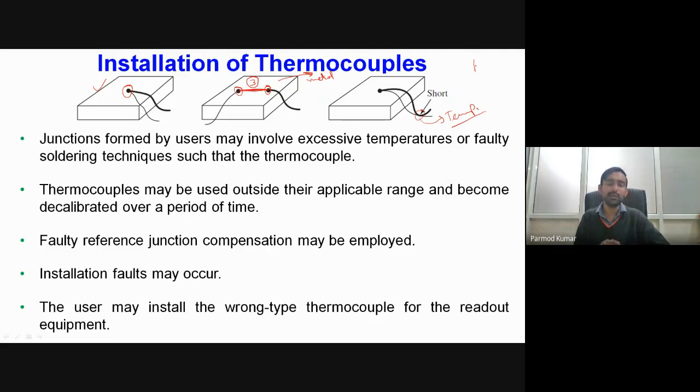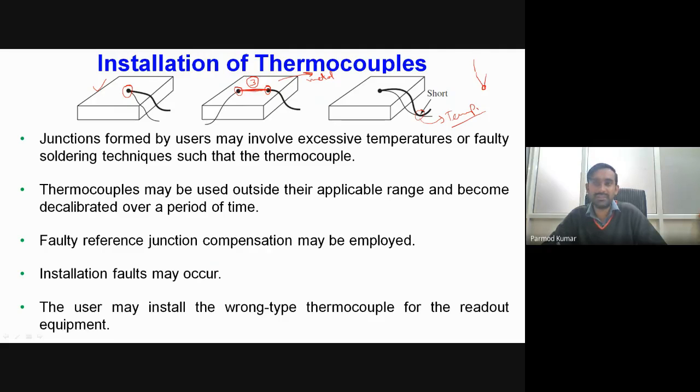One has to take care of this. What we generally do when we use thermocouples for measurements in the laboratory is purchase rolls of commercially available wires, and then create a bead of the thermocouple ourselves. While creating the bead, we remove some of the insulation over the metallic wire.